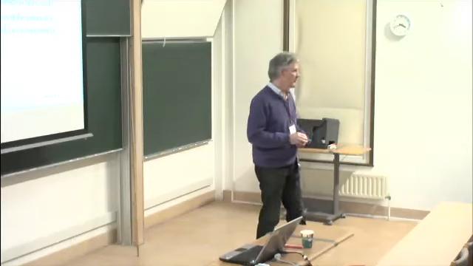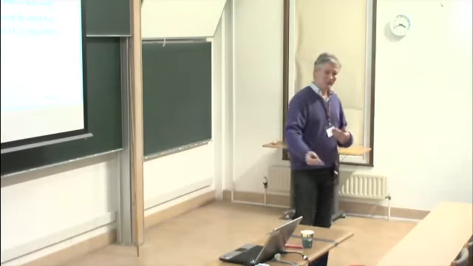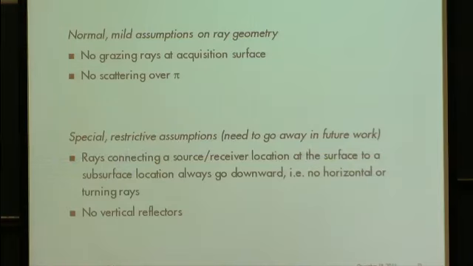You also don't want scattering over 180 degrees, because that's when a reflection problem transforms into a transmission problem. You want to basically separate these two. There are a couple of more restrictive assumptions that I would very much like to do away with, but I have never been able to do this so far. I know that other people like Bill have looked at it, so there may be ways to overcome these.